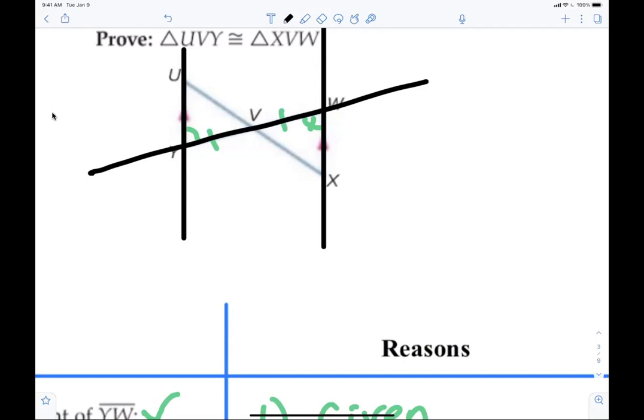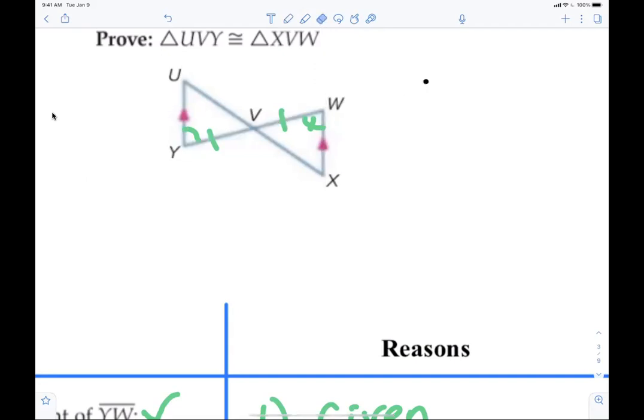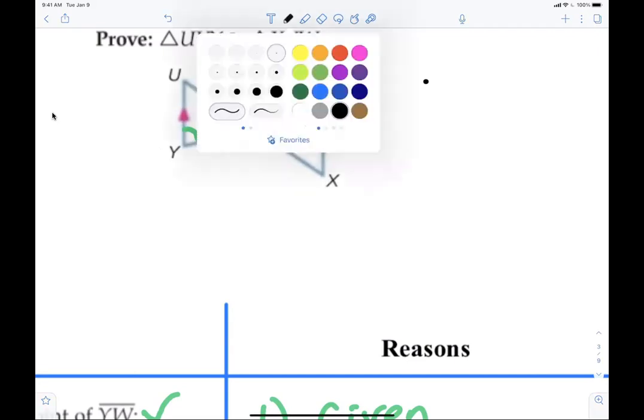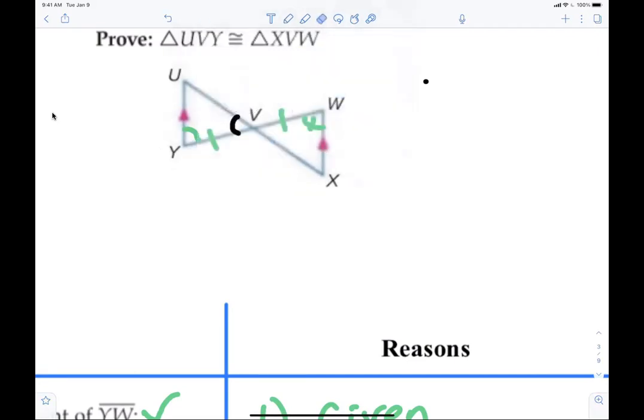Couldn't you do vertical? Vertical angles. Exactly. What are those vertical angles? UVY and WVX. This angle right here is congruent to that angle right there.